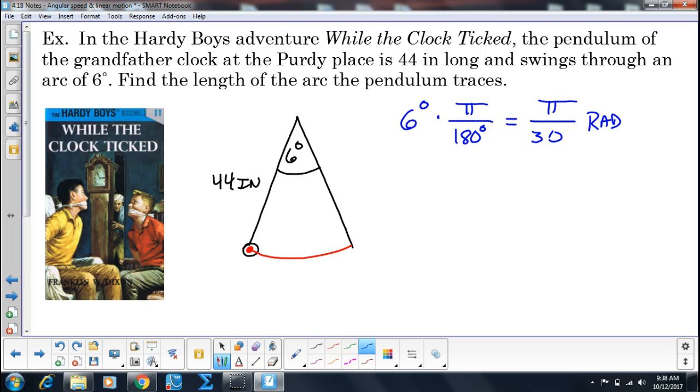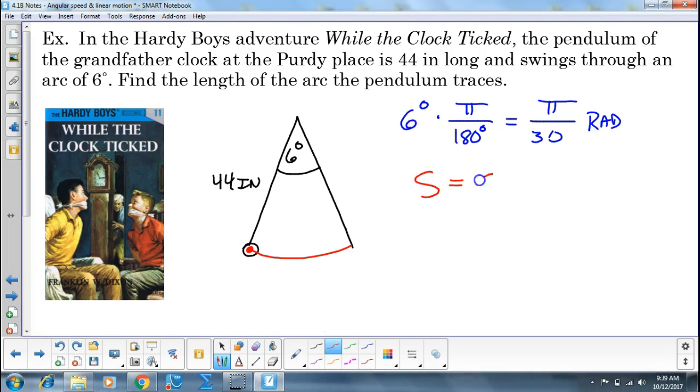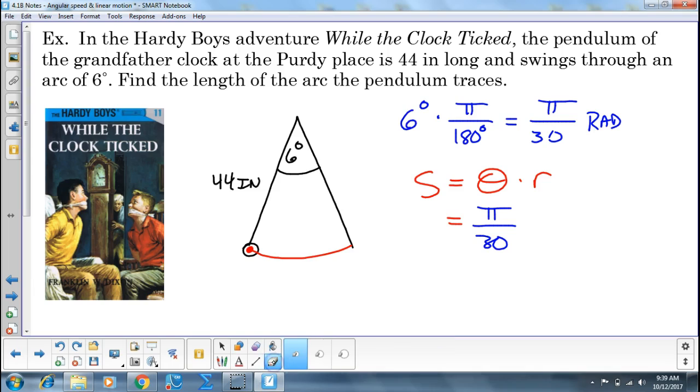Okay. Then S here, my arc length, is going to be equal to theta times my radius. Theta needs to be in radians, which is why we switched to pi over 30.